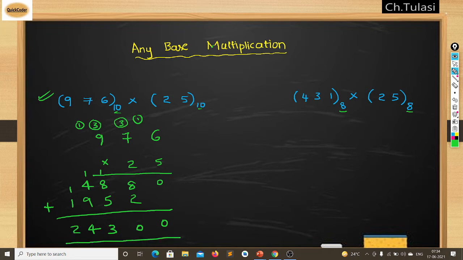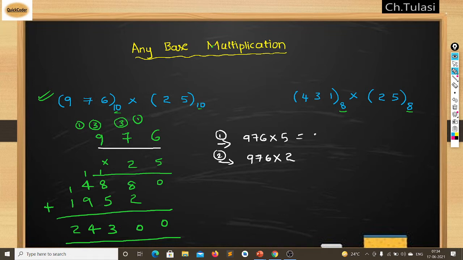So the first step is 976 into 5. We got the answer 4880. The second step is 976 into 2.